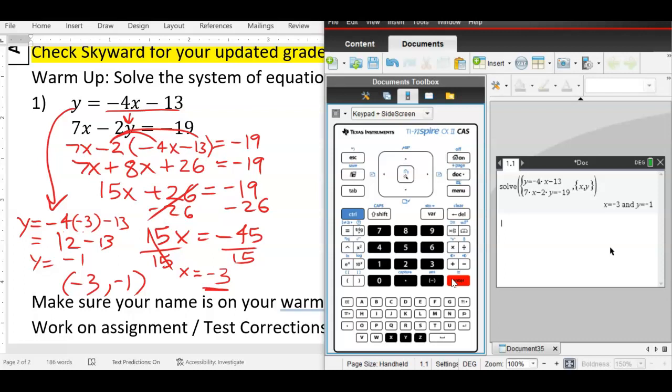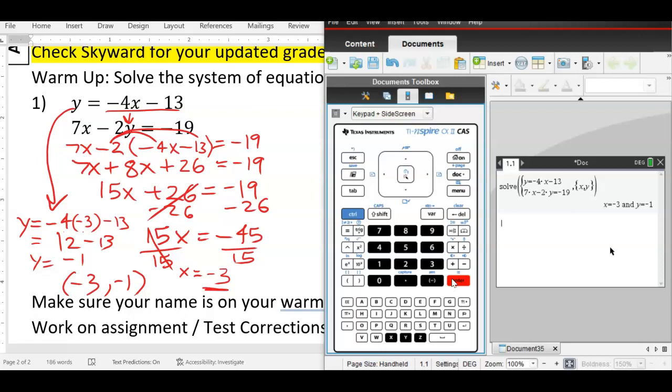When you type it in, it's actually going to show up like an ordered pair, negative 3, comma, negative 1. Is that what I got doing substitution? Yeah. Okay, I did. So there's a way to do it with substitution, and there's a way to check it with nsolve, or menu 3, 2, whatever you want to call it.